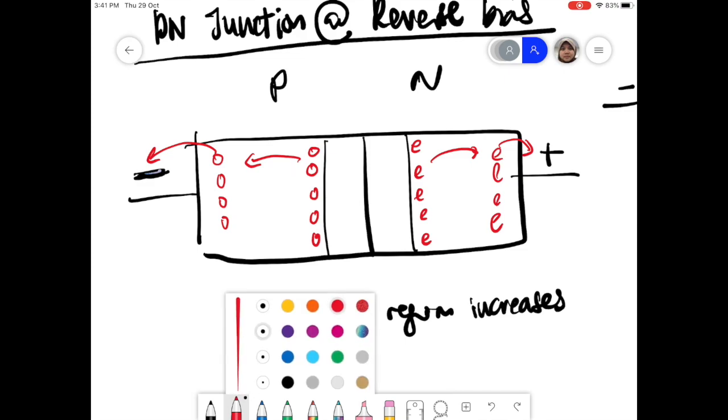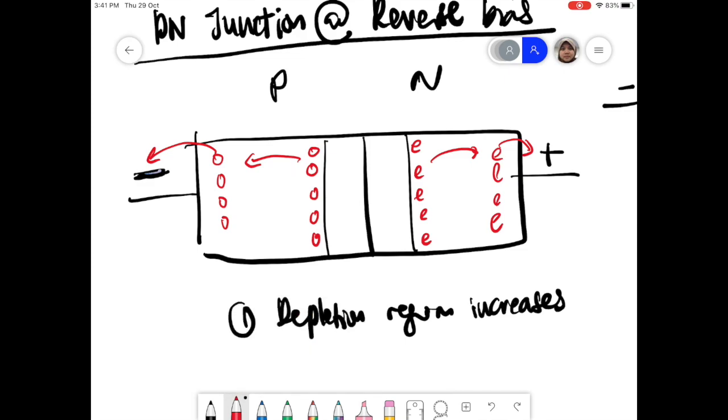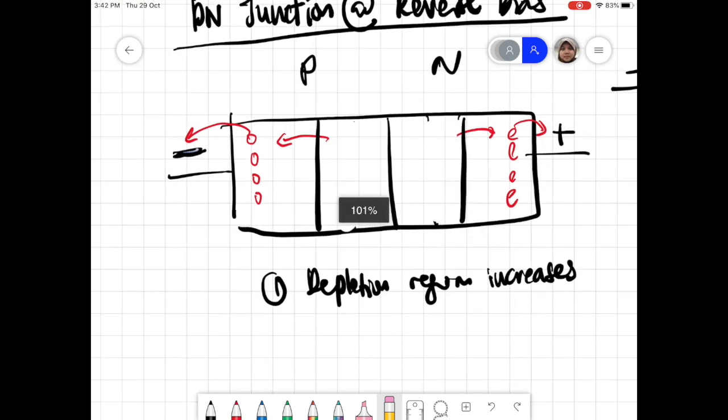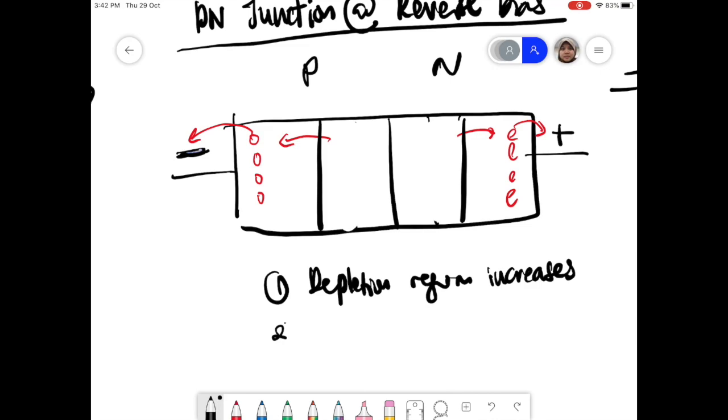Therefore, for reverse bias, your depletion region becomes bigger. Okay, so depletion region means you shouldn't have any free carriers inside.